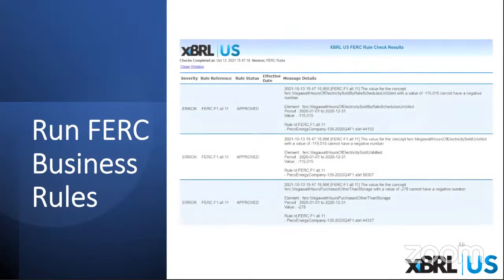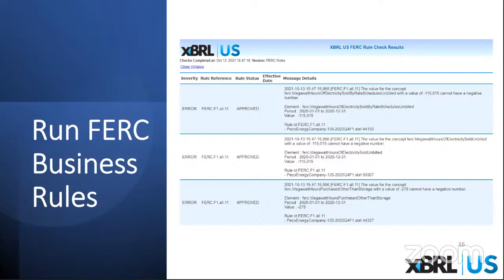So this shows an example of the errors that will come back. You can see here, this is reporting that this one can't have a negative value. For some reason, they put a negative value in. And this is basically reporting that same error 3 times, maybe because they've reported it for different periods or whatever.